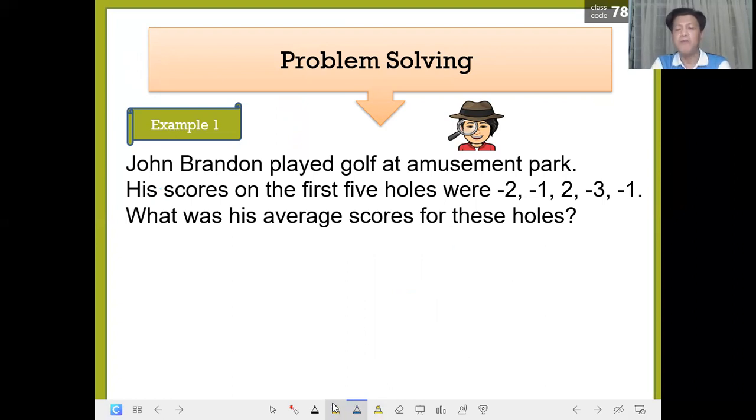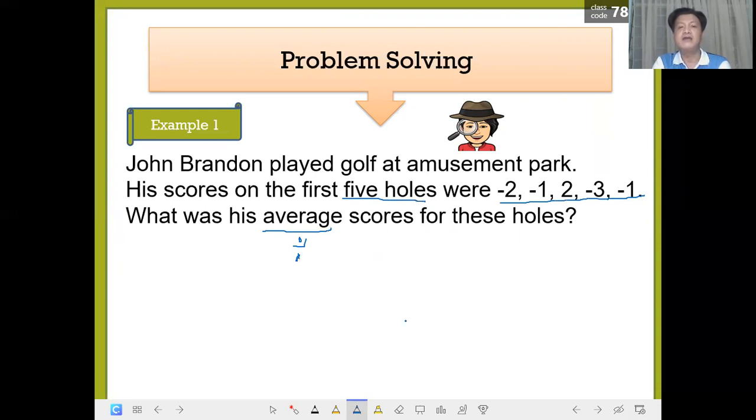Okay, paano ko malalaman yung operation na i-apply ko dyan? Okay, i-analyze natin yung problem. Okay, so kung meron siyang 5 holes na score, eto yon. And the word average refers to division.